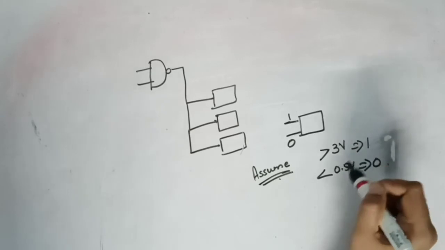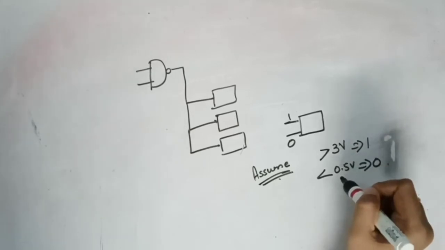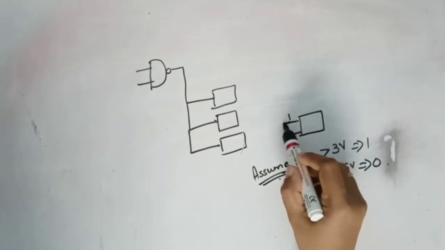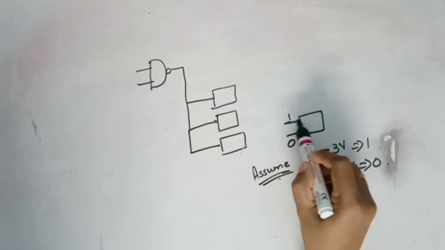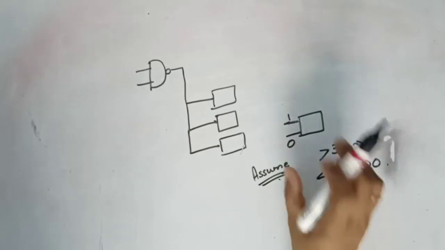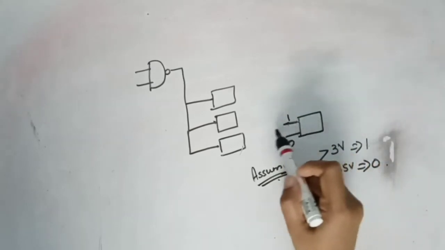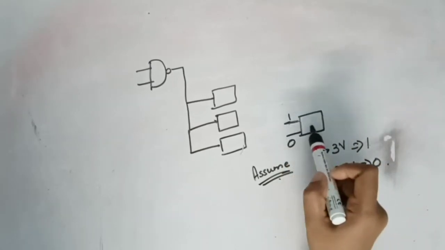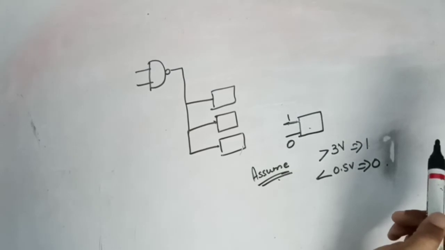That also means that for this particular voltage to be considered as a 1, so much current should flow into the input of this particular gate.